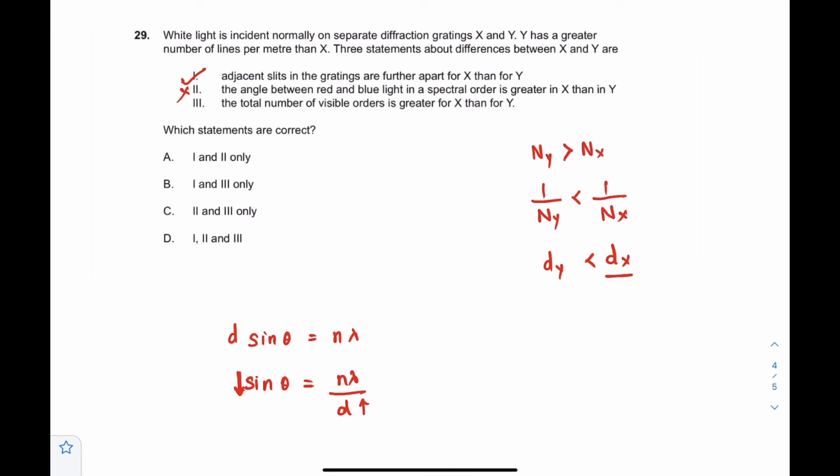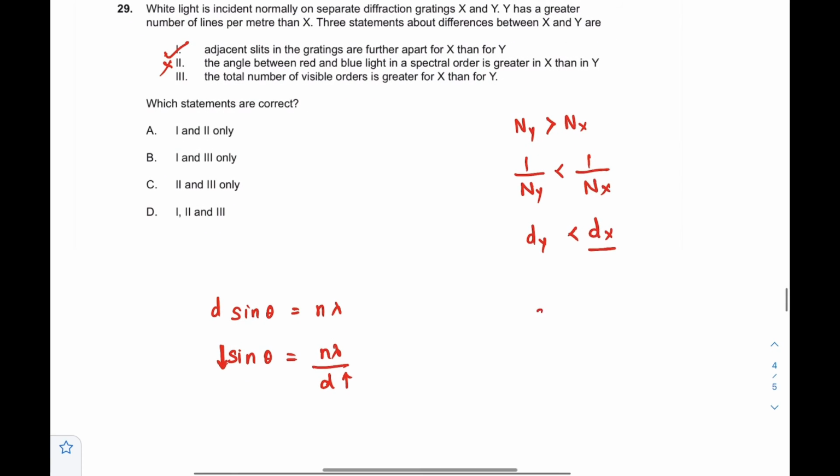Now comes statement number 3: the total number of visible orders is greater for X than in Y. We know that sine theta is equal to n lambda by d. So I can write that n lambda by d is less than or equal to 1, because the value of sine theta is always less than or equal to 1.